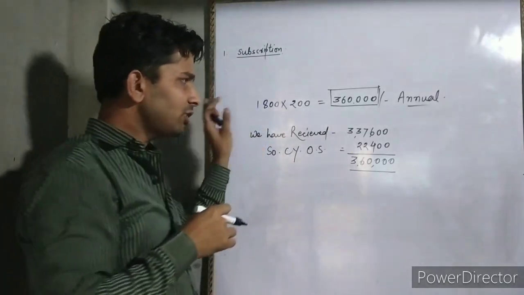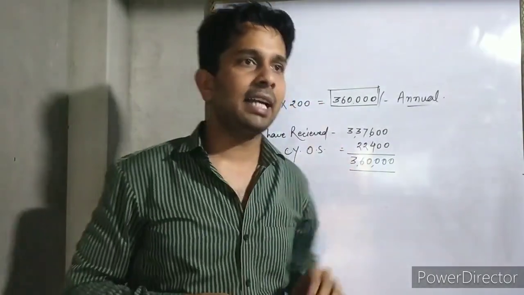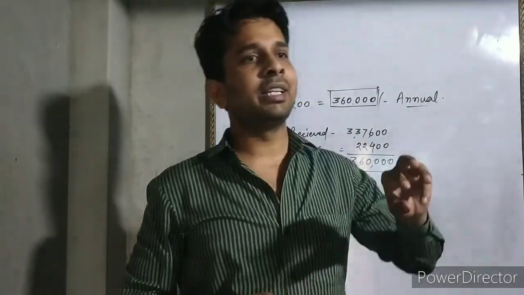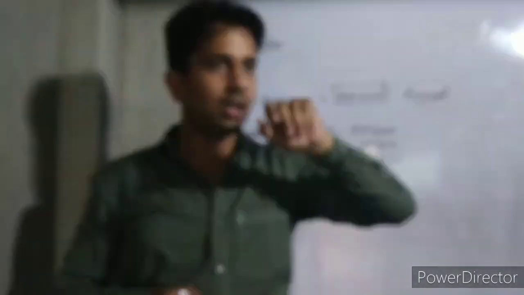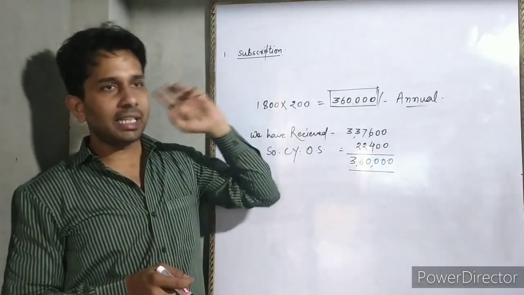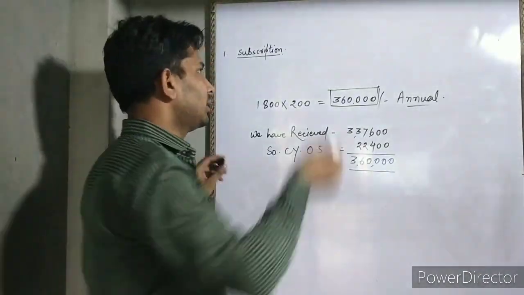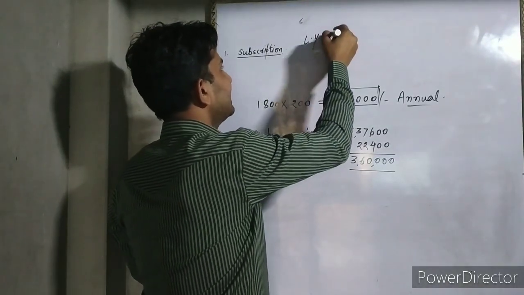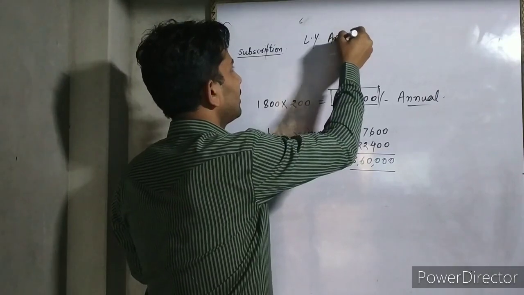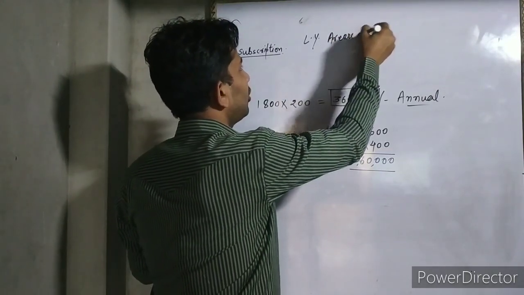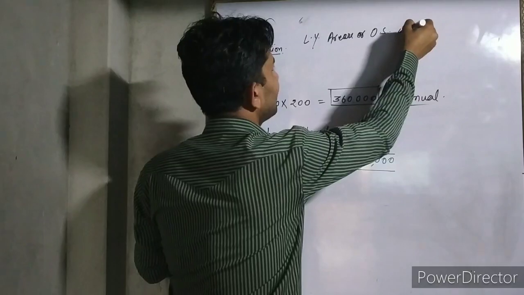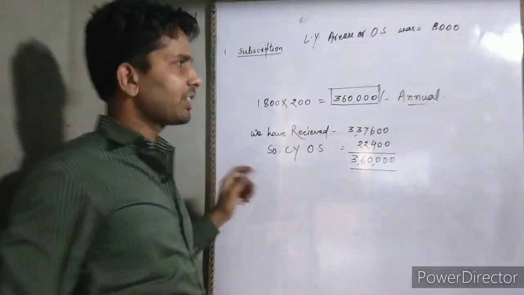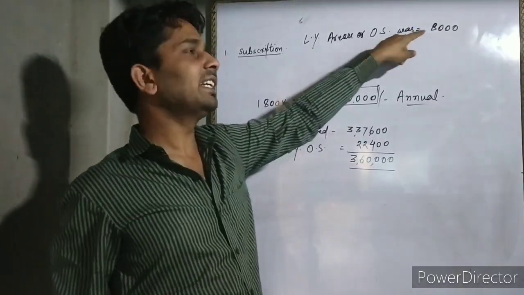Okay. Again, now let's see the adjustment. Adjustment is saying that rupees 8,000 were in arrear for 2013-14. Meaning last year there was an arrear of rupees 8,000. The question is directly saying that last year outstanding was 8,000.